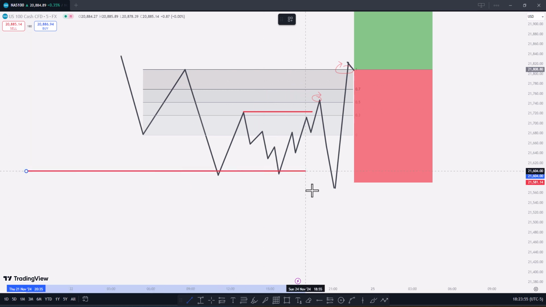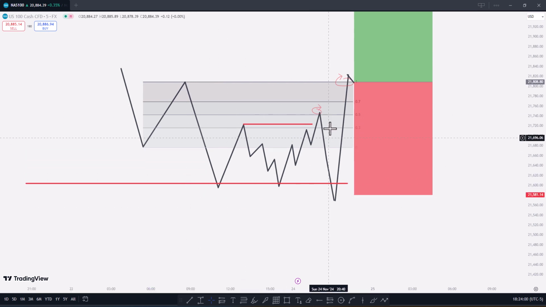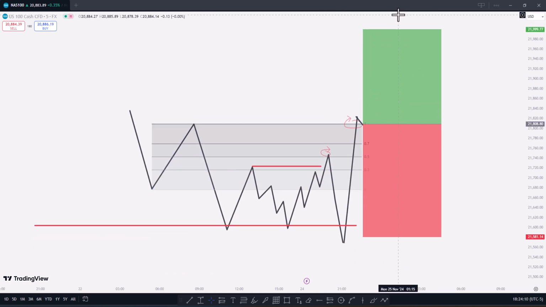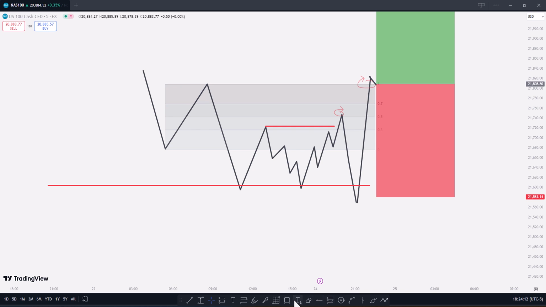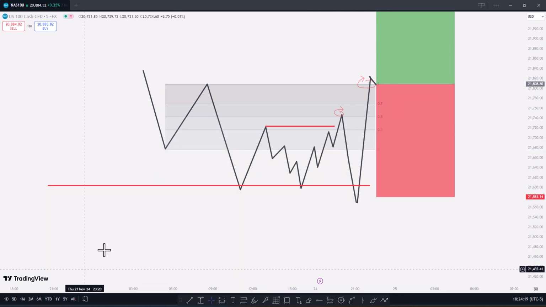But let's say, for example, we swept the low here, a higher time frame low, and we have this continuation model right here, this continuation pattern, and then it failed. Okay, so this is very powerful to indicate the break of structure and the reversal. And suppose that we are also inside a higher time frame zone. Okay, so price is bullish and then traded back to the downside as a pullback, and then this happens.